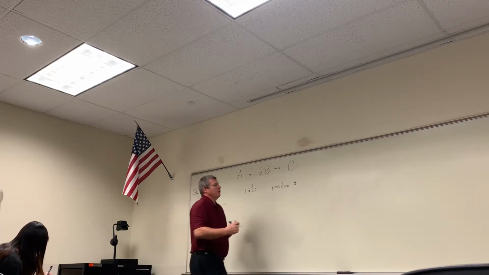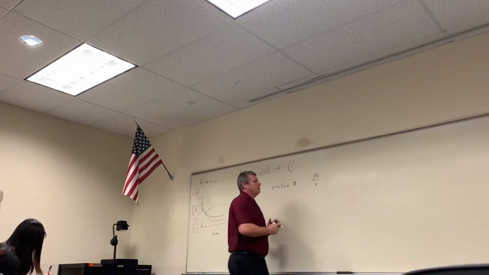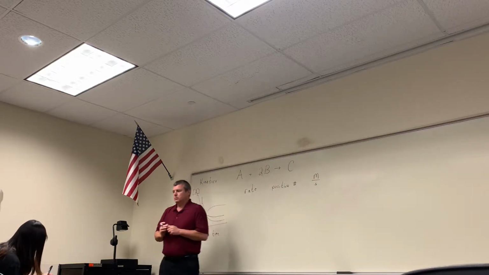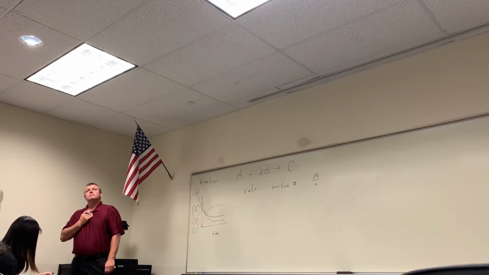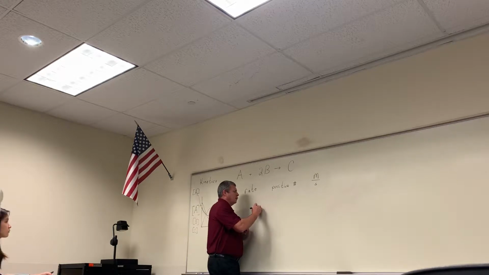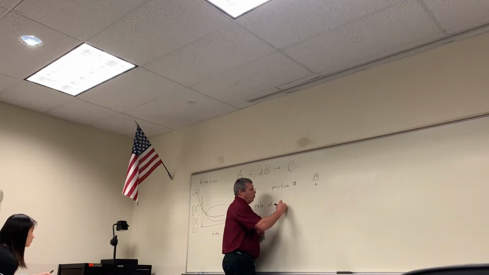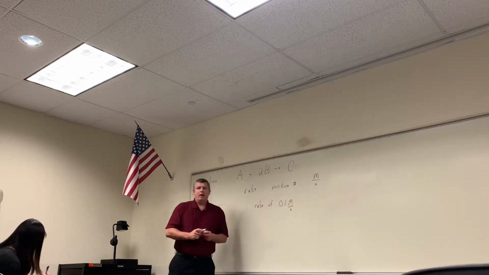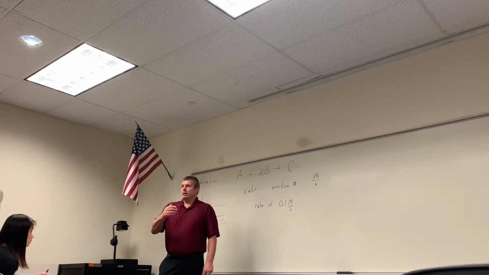And it's always going to be in units of molarity per second. So the rate will be how molarity changes every second. So if I said a reaction had a rate of 0.1 molarity per second, that means 0.1 moles per liter is reacted every second. Does that make sense?